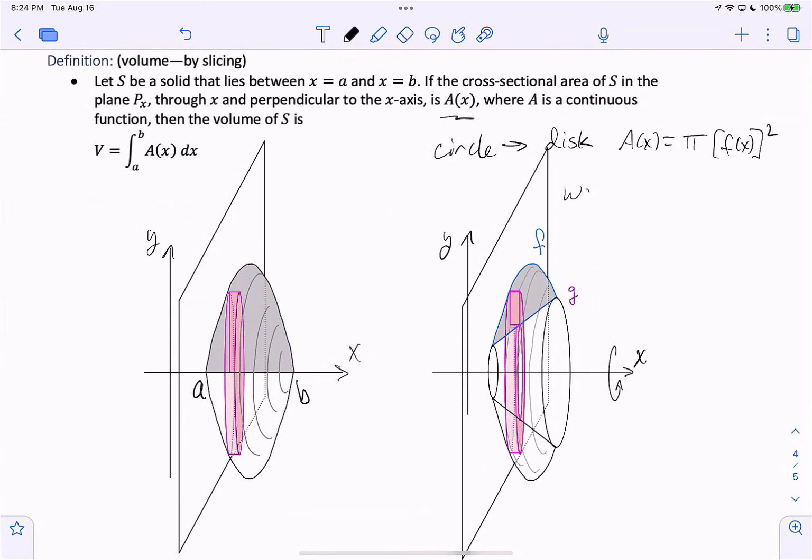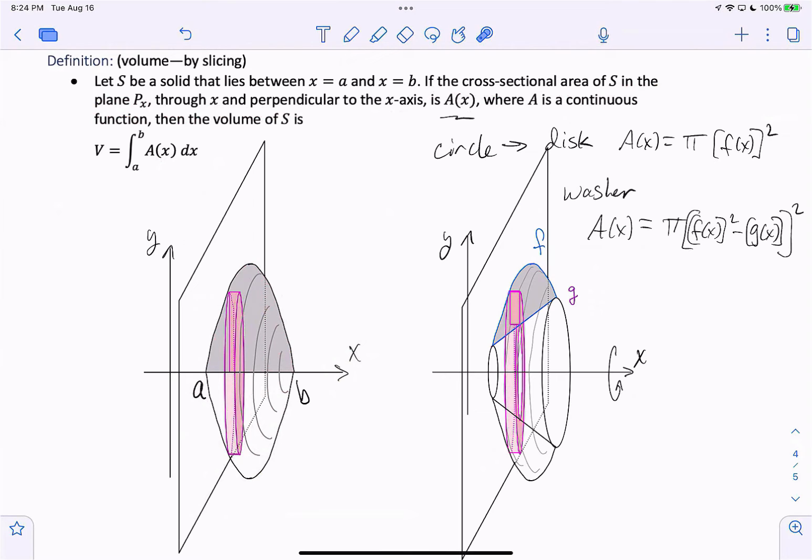In the case of a washer, A(x) was pi times f(x) squared minus g(x) squared. This definition allows for the area to be a more general shape. Suppose they are squares or triangles or something more exotic. And we'll see some of that.